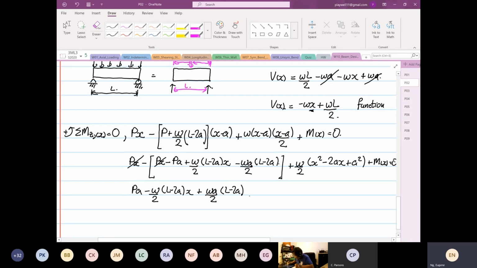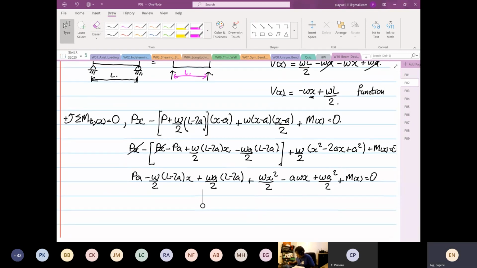Then the rest is plus omega x squared over 2 minus 2a omega x over 2, so minus a omega x. Then plus omega a squared over 2 plus M as a function of x.